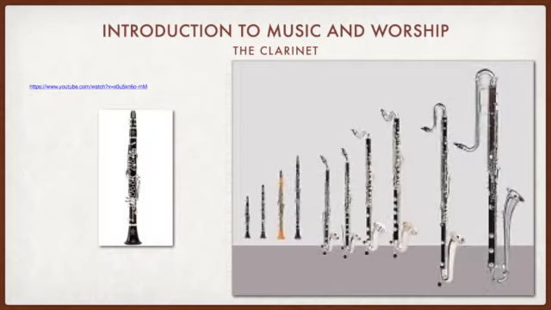Next, we're going to look at the clarinet. As you see in the photo, there are many, many types of clarinet. There's the standard clarinet on the left. And if you look at that series of clarinets, you have the contrabass clarinet, the bass clarinet, the alto clarinet, the clarinet, the E-flat clarinet, the B-flat soprano clarinet, and many, many types of clarinets.